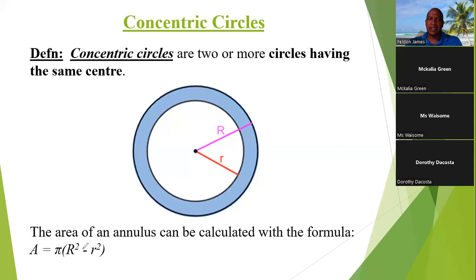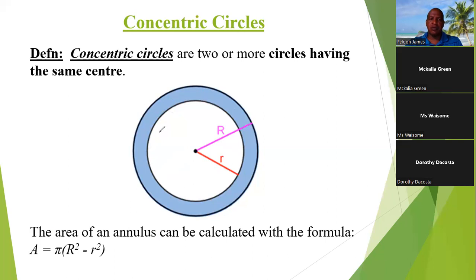All right, and if you're to find the area of the shaded region in blue, then this would be the formula. The area is equal to pi. As you know, the area of a circle would be pi r squared.